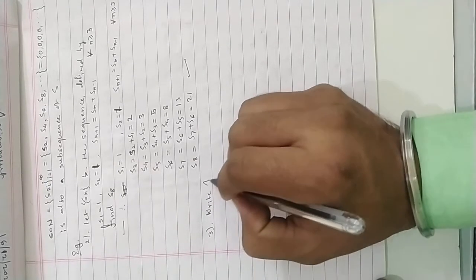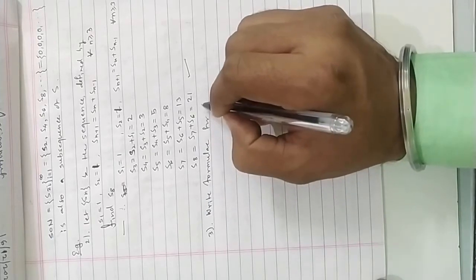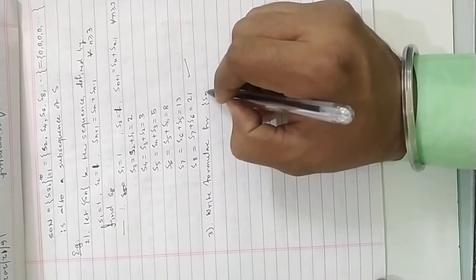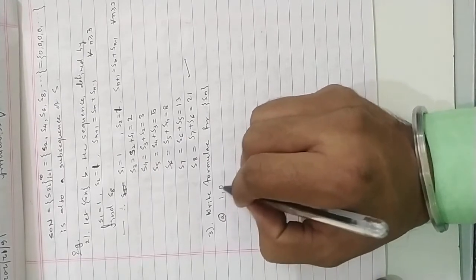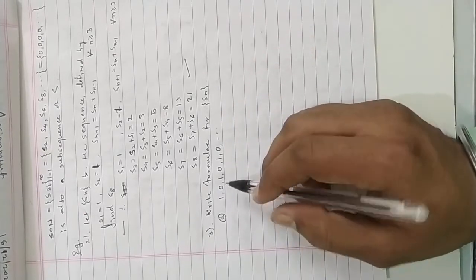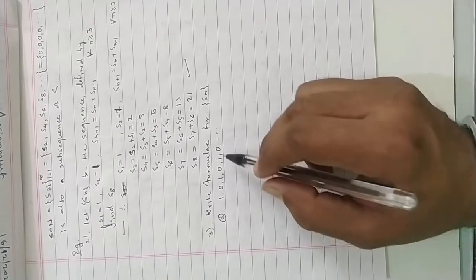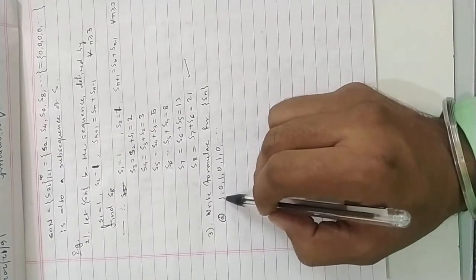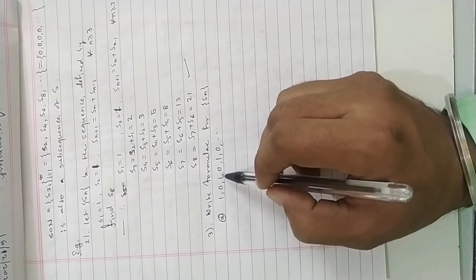Write the formula for sequence Sn. The sequence is 1 0 1 0 1 0 and so on. So how can you define the sequence? How can you provide some formula for this sequence? The first term is 1, the second term is 0, the third term is 1, the fourth term is 0.